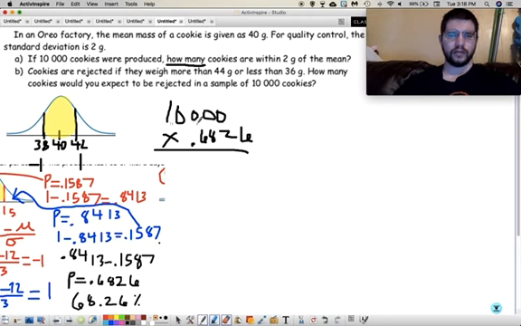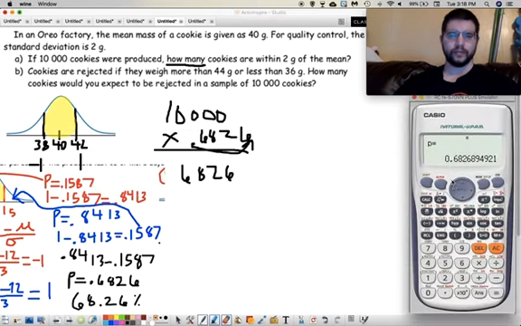That's 4 zeros, so right there, 6, 8, 2, 6. 6,826 cookies, 6,827 if you use a calculator. So if we take that answer times 10,000, it'll be 6,826.9 or 6,827.